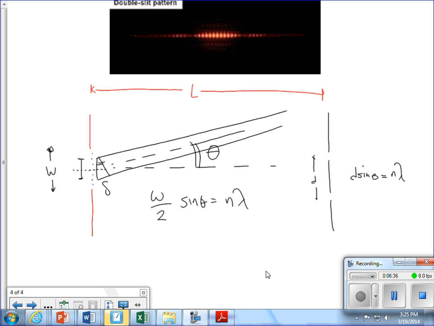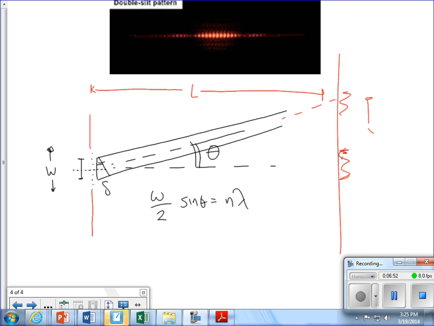If we call this L, and we call the distance from the central maximum to the first order maximum x, remember the tangent of theta is x over L, and if we approximate this as a real small angle, those two things are equal, and what we get is W over 2 times x over L is n lambda, right?